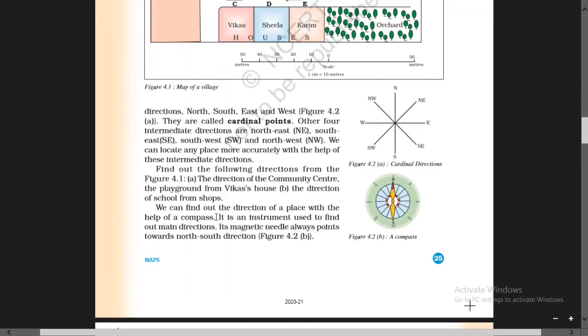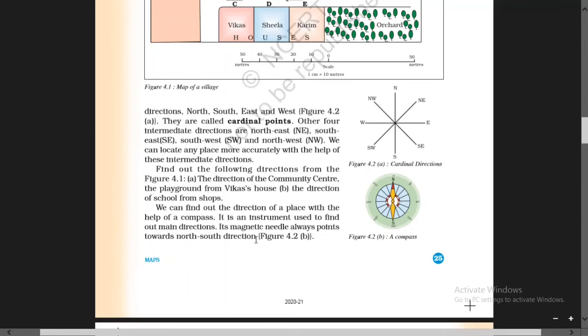So, what is a compass? This one also you must know. It is an instrument used to find out main directions. If anybody asks you what a compass is, you have to say a compass is an instrument which is used to find main directions. Its magnetic needle always points towards the north-south direction.